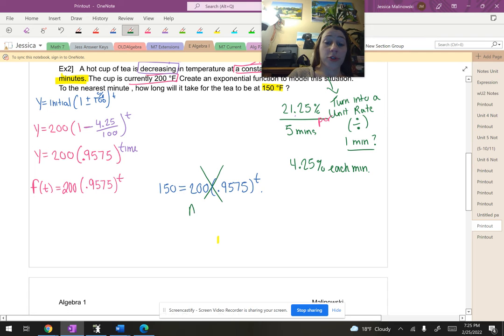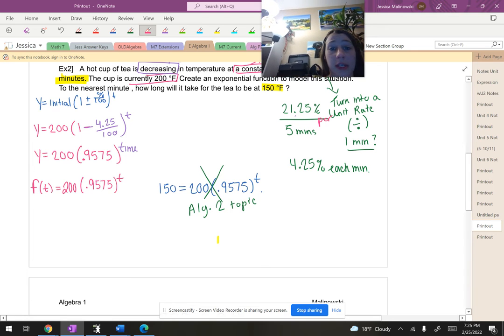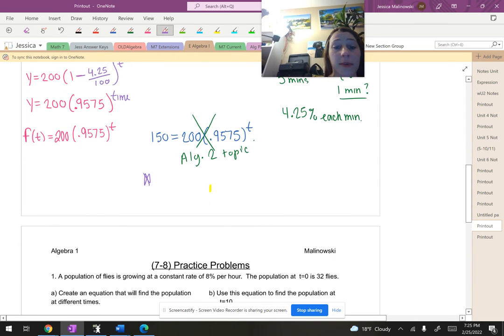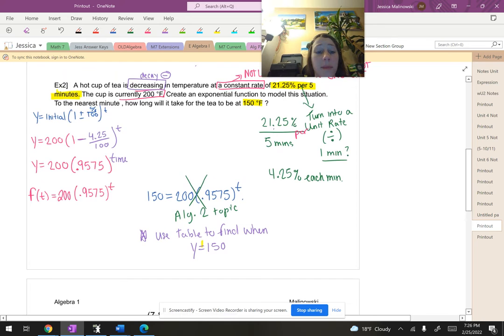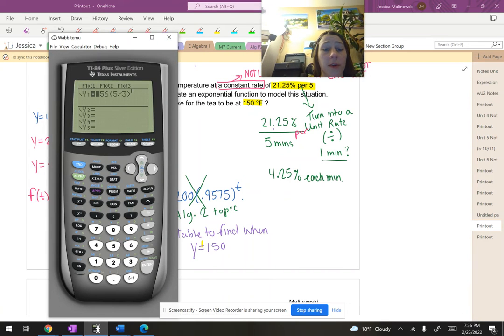That's an Algebra 2 topic. To figure this out, we're just going to use the calculator and the table to find when y is equal to 150. That is us being resourceful. We don't know how to solve for this, so we're going to do the best we can to get around that.